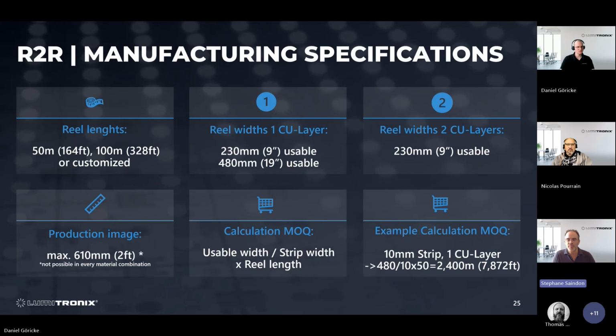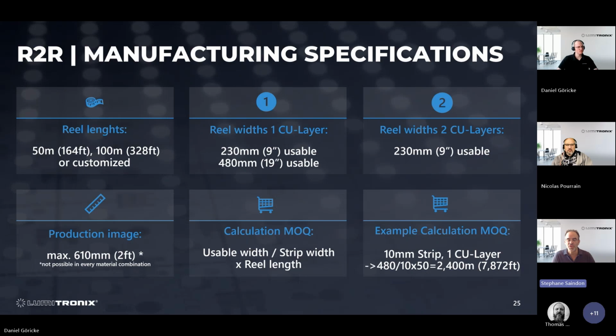To summarize what we review when we analyze your project: again, the length that you want, usually 50 meters, sometimes 100. Obviously, we can customize to shorter if you need.